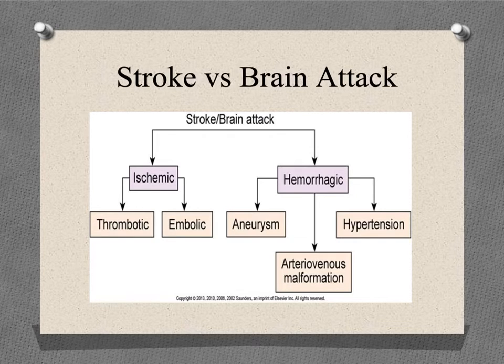Hemorrhagic stroke is the second major classification of stroke. In this type of stroke, vessel integrity is interrupted and bleeding occurs into the brain tissue. Causes of a hemorrhagic stroke include hypertension. Elevated blood pressure leads to changes within the arterial wall that leave it likely to rupture.